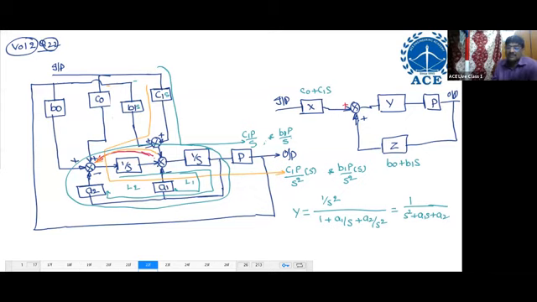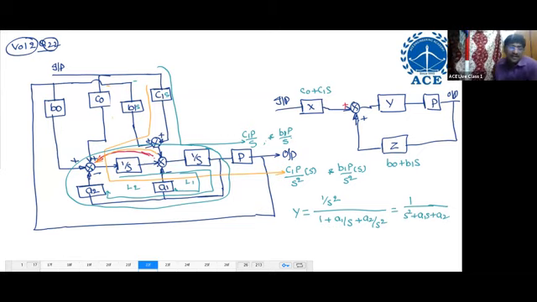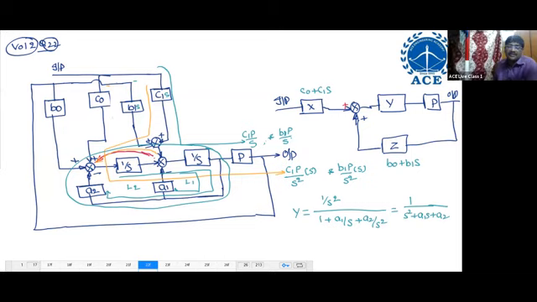Sri Charan. Hello, sir. Tell. Sir, if you give input as impulse, we will not get the error, sir. Impulse, is it having a steady state term? No, sir. Impulse exists at infinity? No, sir. Well, then how can you get the steady state error?